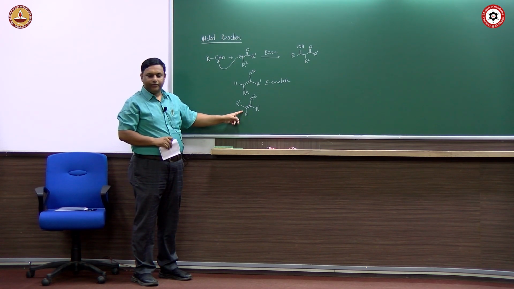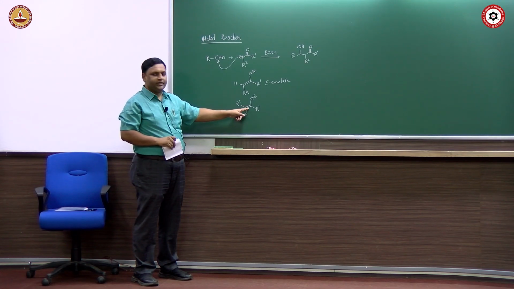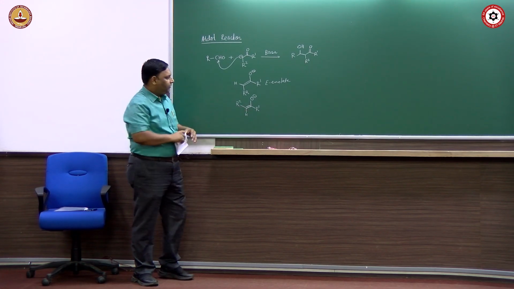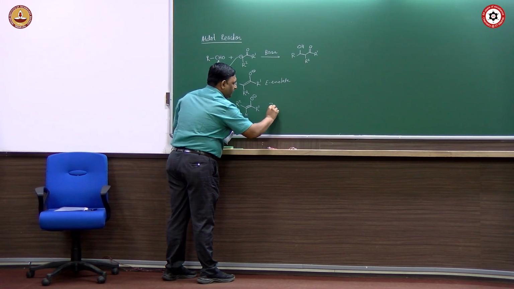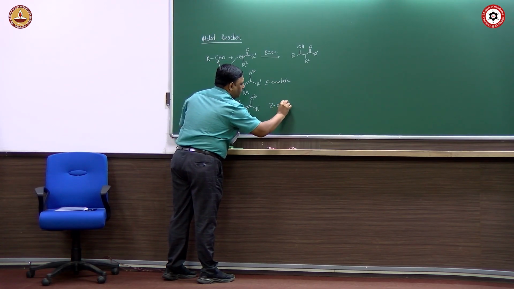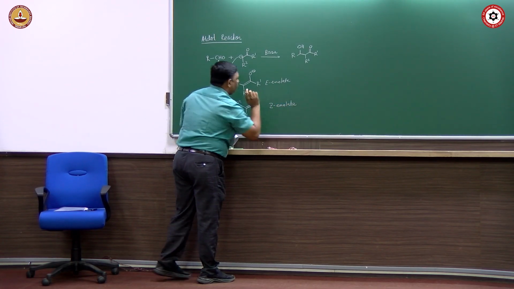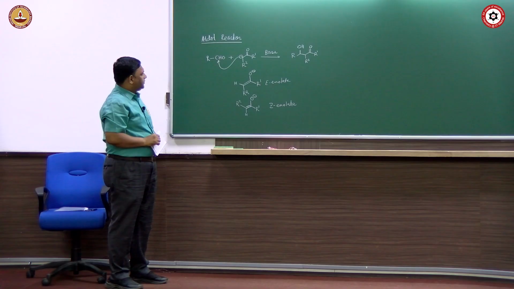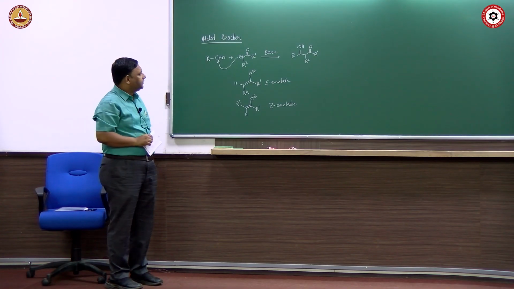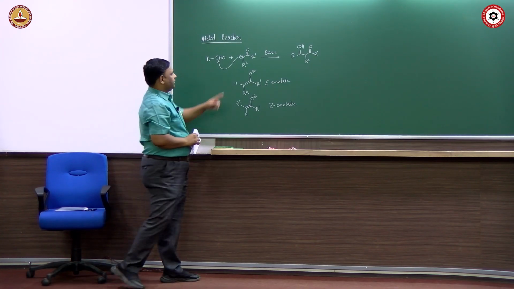So, you are actually making this double bond a cis double bond, or we can say a Z enolate. So, these two scenarios are possible in the presence of a base.